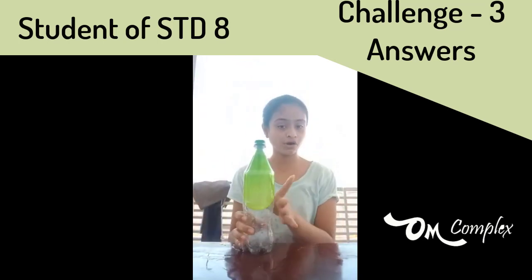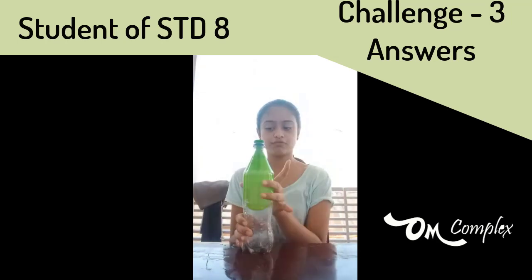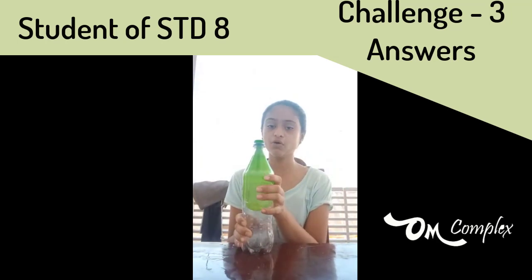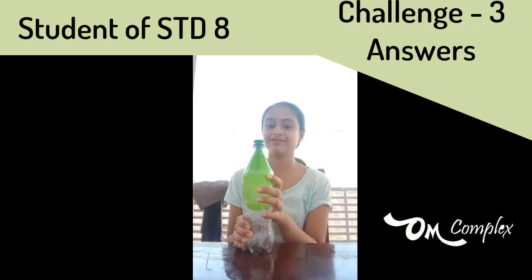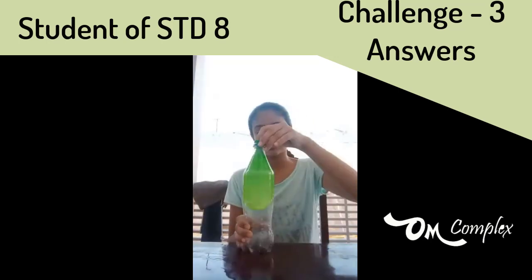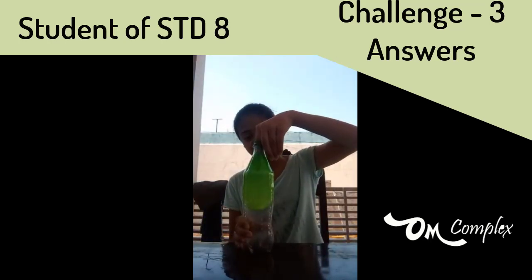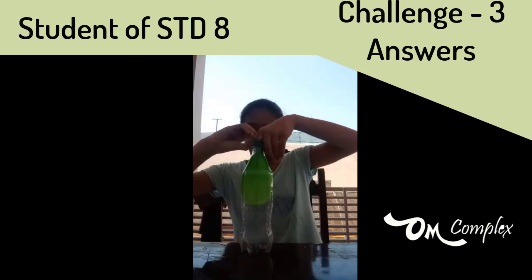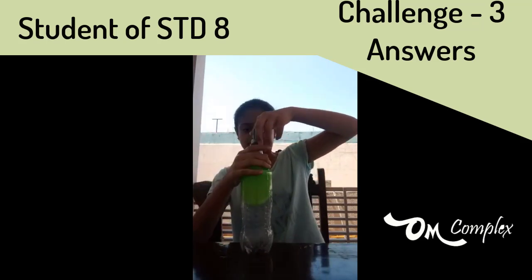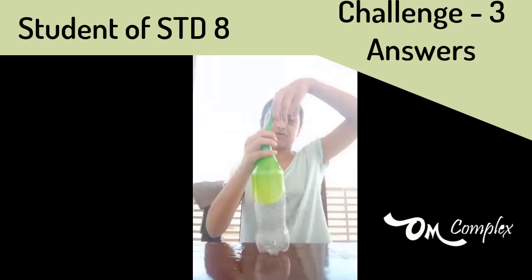Now I must not release the hole, otherwise, like when we were releasing the hole, the balloon was getting flattened. So if I do this step, then the balloon will get flattened and all the water will splash out. So carefully I will insert my finger and take it out here. Now I will tie it.